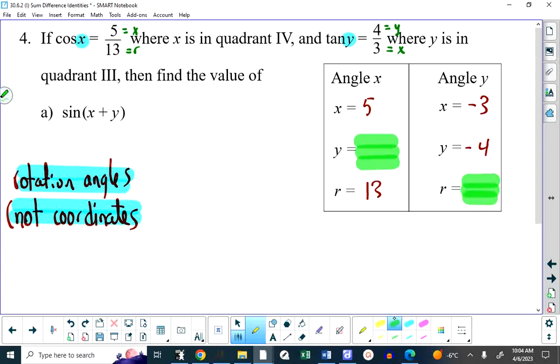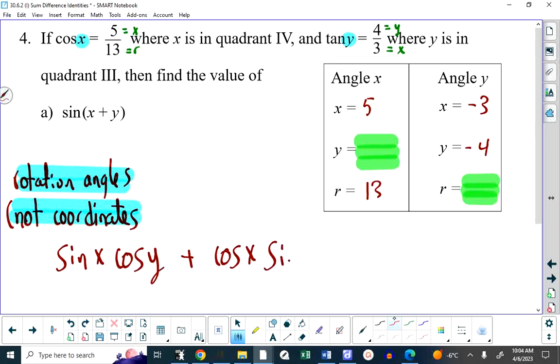Let me explain why. If we want to figure out what sine of x plus y is, we have to say it's sine of x cosine of y plus cosine of x sine of y. We have to use an identity.